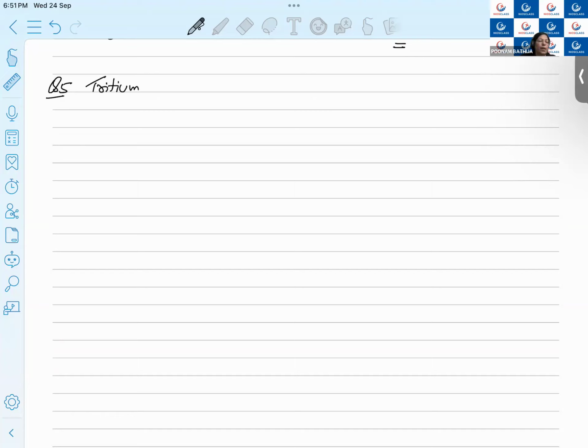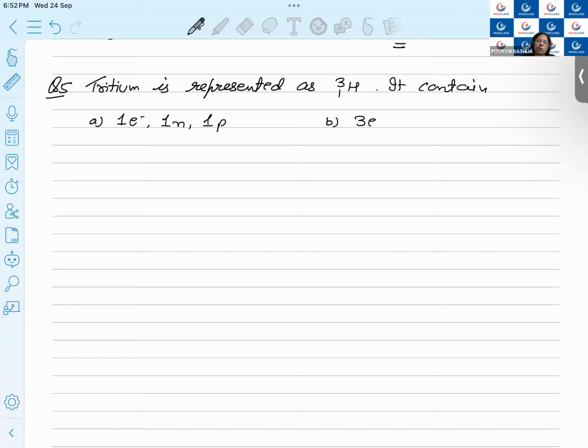Tritium is represented as, it contains: one electron, one neutron, one proton; three electrons, one proton; one proton, one electron, two neutrons; one neutron, two protons. Answer please.